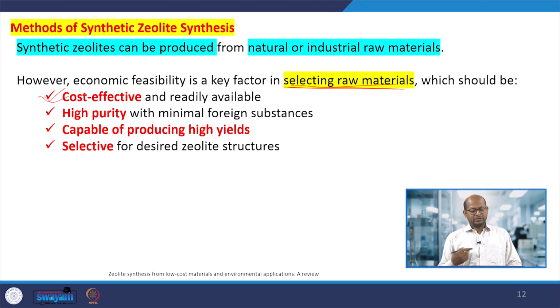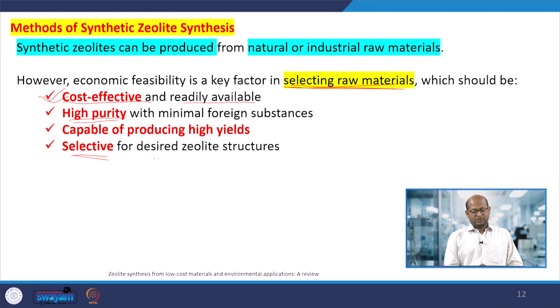Whatever zeolites are prepared from an industrial point of view should be cost effective and readily available. The materials should be of high purity and capable of producing high yields of whatever precursor starting materials you have taken. If we want to minimize the cost and also prepare high-yield, high-purity materials, that is very important.